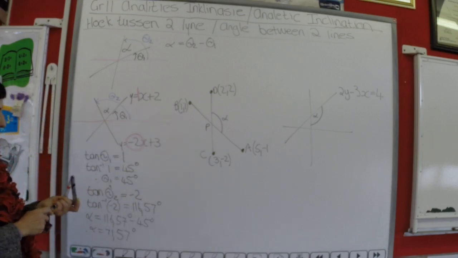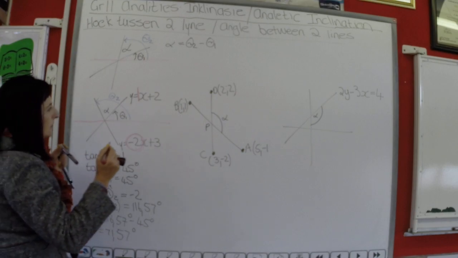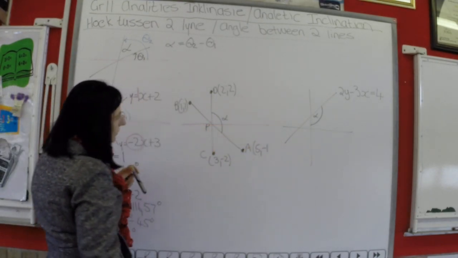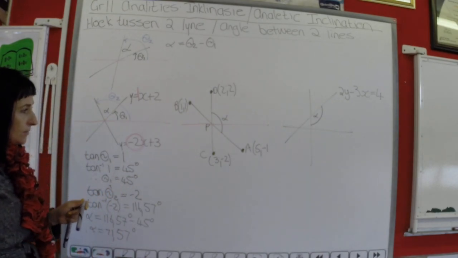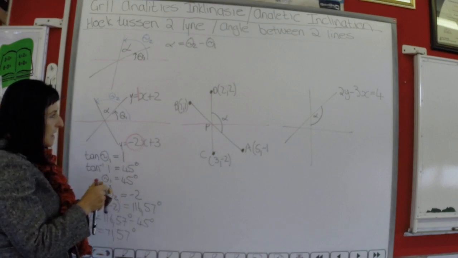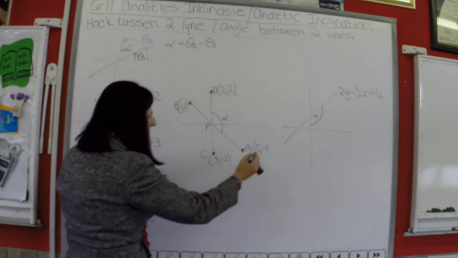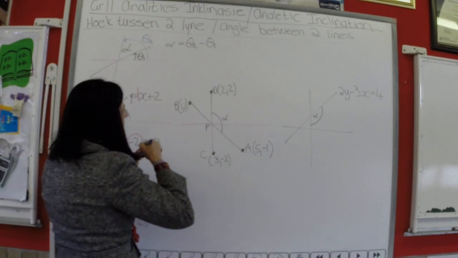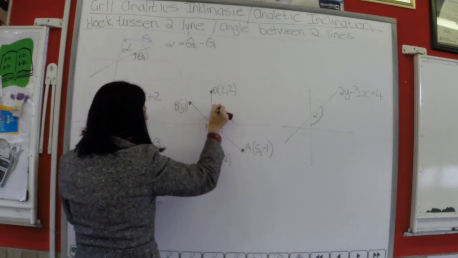Now again, the sides of alpha. Let's draw in the horizontal. So now you must be careful. Let's look at our inclination angles. From your horizontal, you've got this first inclination angle.